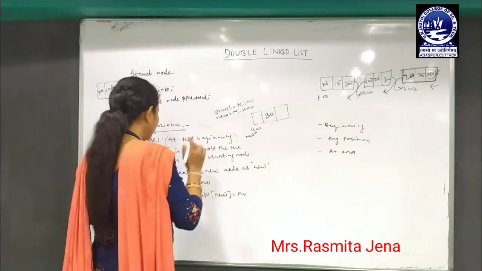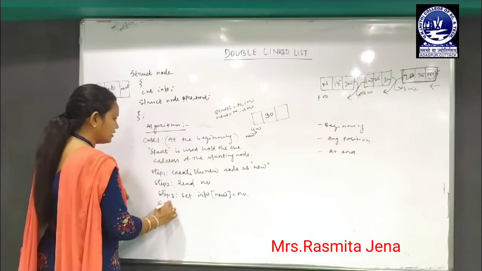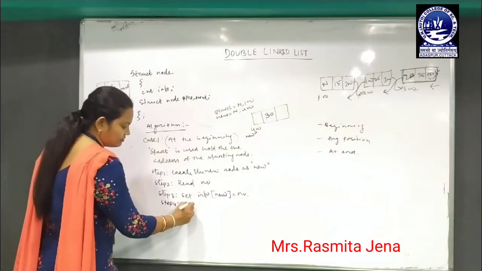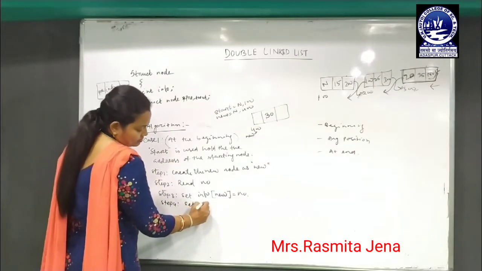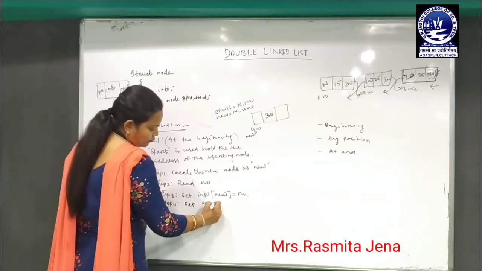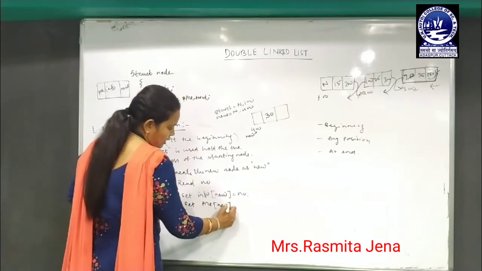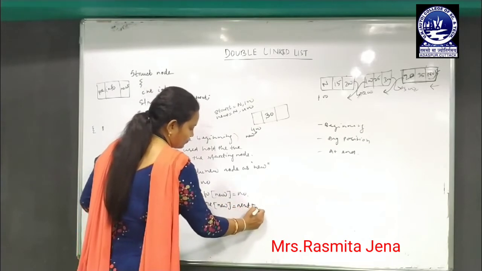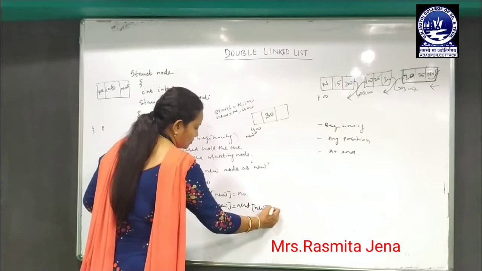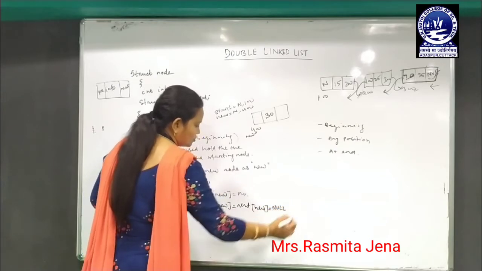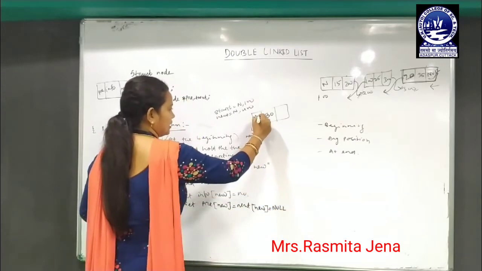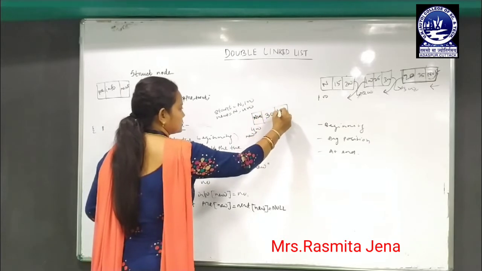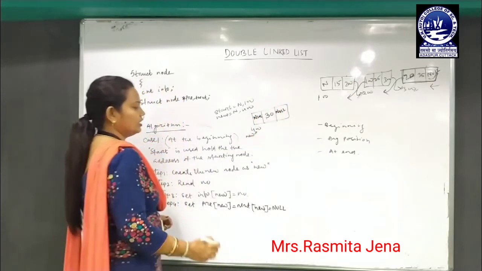Then I will set the next and pre part. Set pre of new as well as next of new as null. So now our new node is created and we will insert this node at the beginning of the list.